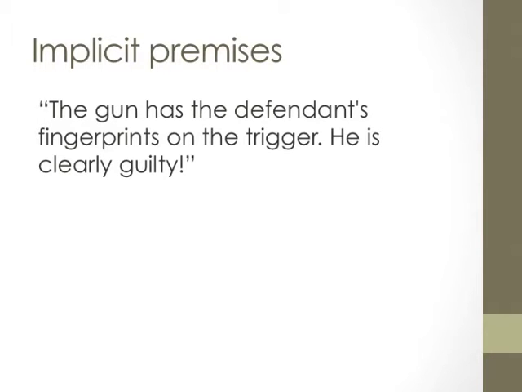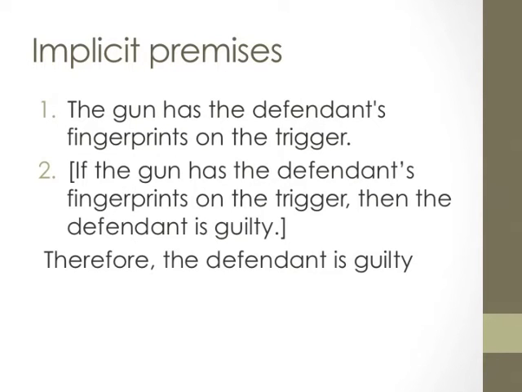But notice that in the heat of litigation, there is a bit of information that's been left out, namely, something that explicitly draws out the connection between the premise and the conclusion. The statement in 2 can do the job. If the gun has the defendant's fingerprints on the trigger, then the defendant is guilty. Of course, the prosecutor was right in leaving 2 out, since there is a bit of background information that everyone in the audience is expected to know.